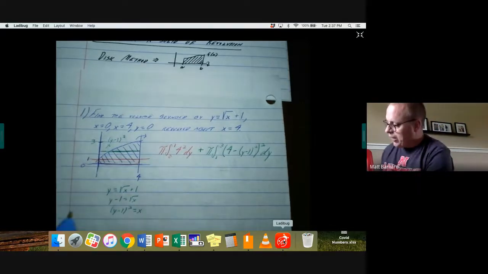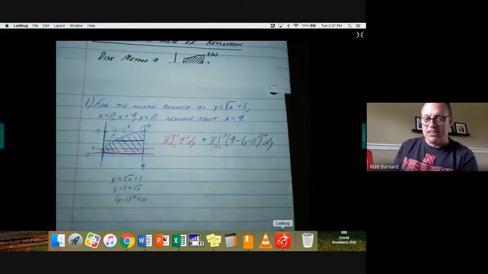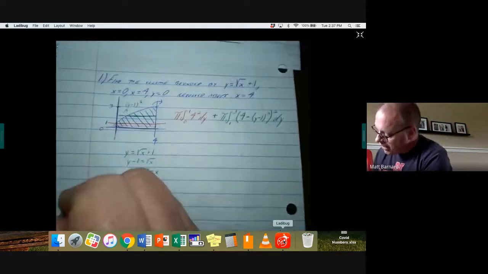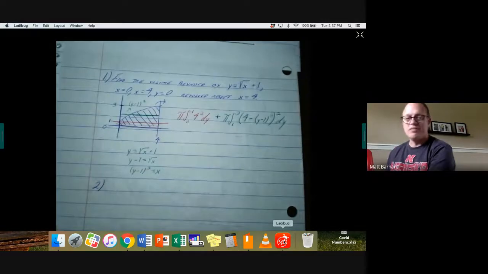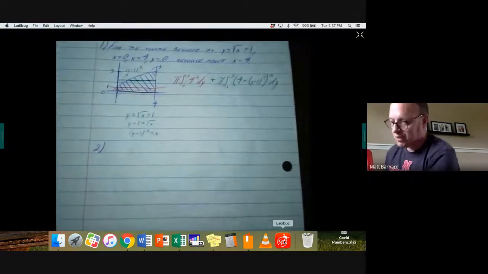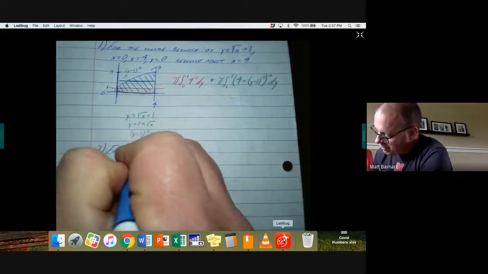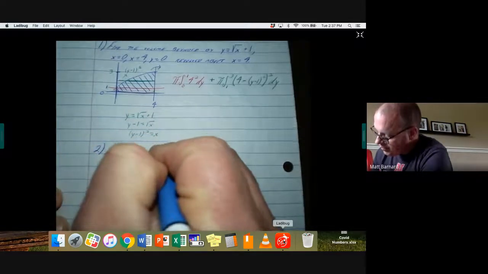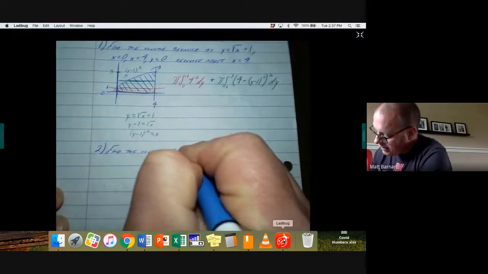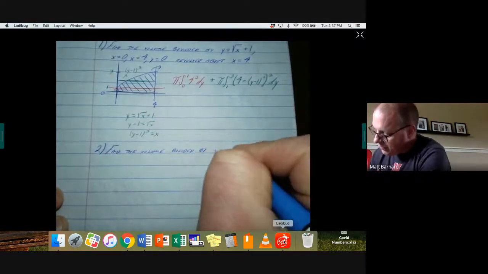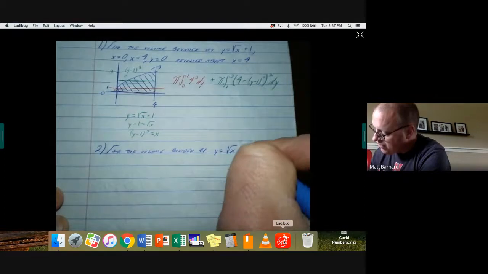Let's take a look at one that's a little special to me over a horizontal axis as we close up the disk method. This time, find the volume bounded by y equals the square root of x plus 1.